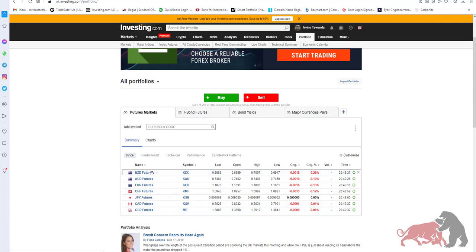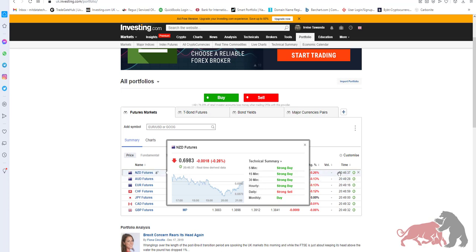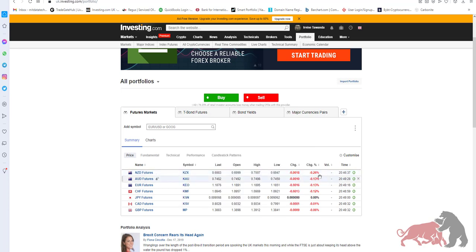So we got the futures market, right? You can see across board futures market, they were weak, but not by much, except for the NZD futures. They dropped big time on the daily. They're down minus 0.26%. And then the rest, they've got modest losses for the day.